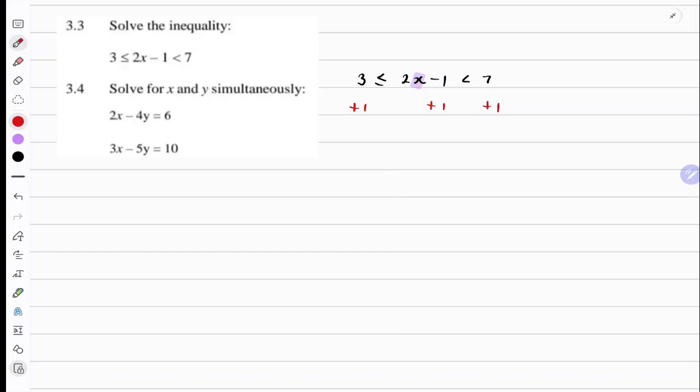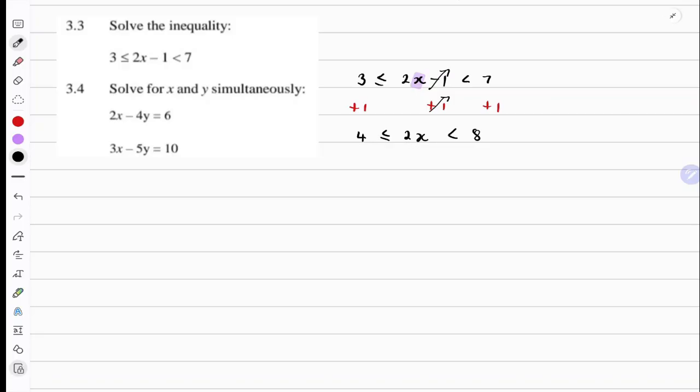So 3 plus 1 is 4. And 2x minus 1 plus 1 cancel out. 7 plus 1 is 8. I chose plus 1 because I know minus 1 and plus 1 cancel out. So we haven't yet fully isolated x.